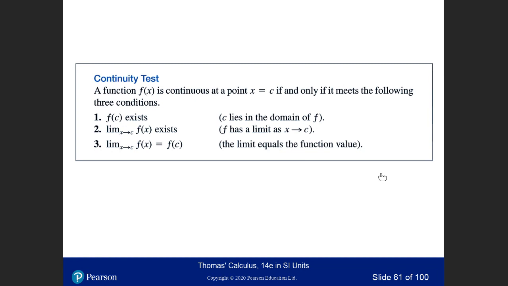The limit as x approaches c of f of x exists, and the limit as x approaches c of f of x is f of c. So the limit must be equal to the function value. Of course, at the endpoints you look at right-hand and left-hand limits. But at the interior points, that's how you test.